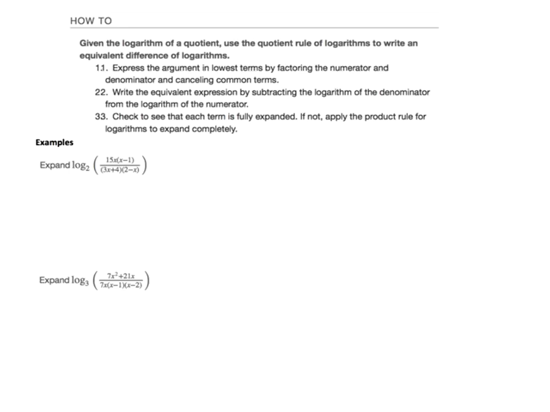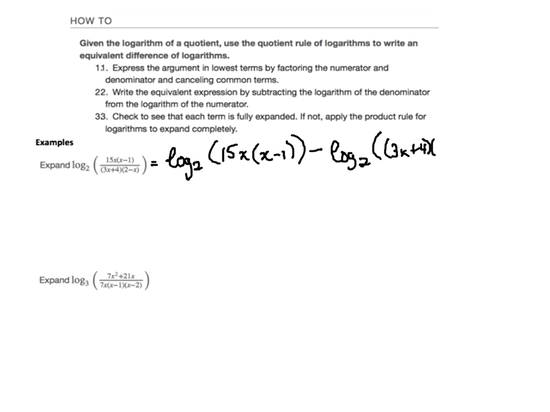Okay, so I know from my property that we just discussed that this is the same thing as log base 2 of 15x times x minus 1, and that's subtracted by log base 2 of 3x plus 4 times 2 minus x.